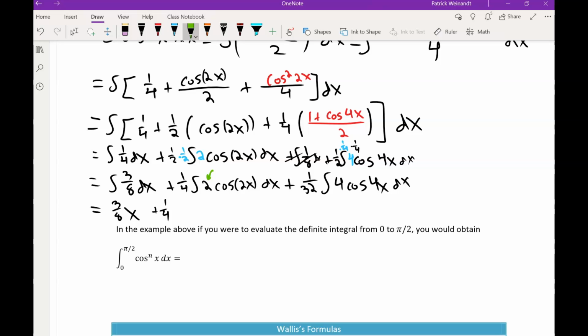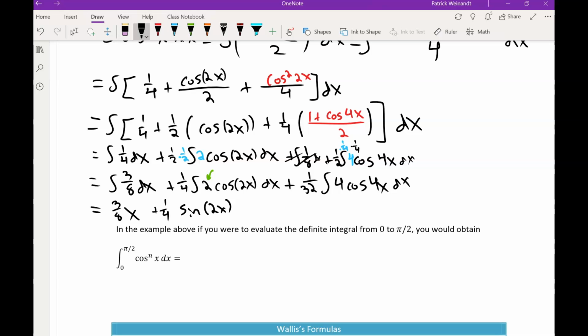You should recognize this is a chain rule. And the antiderivative of 2 cosine of 2x, well, we're saying what derivative gives me 2 cosine of 2x? And the answer is sine of 2x.